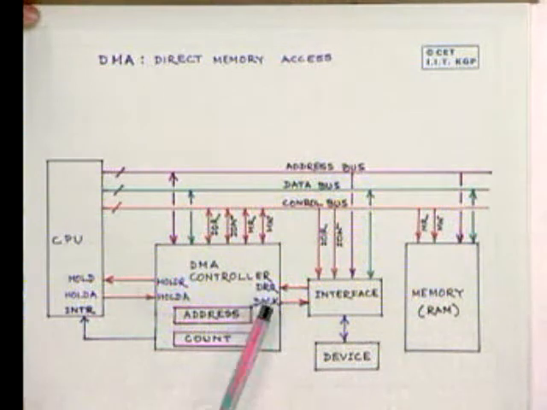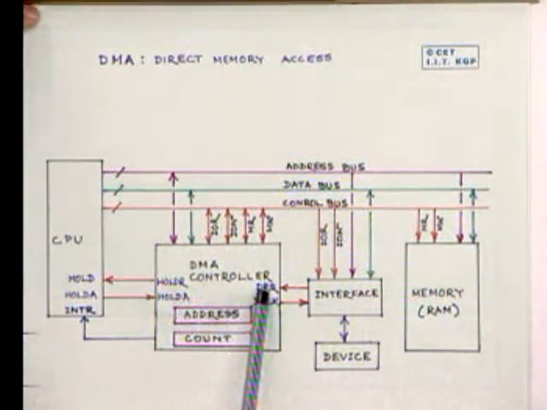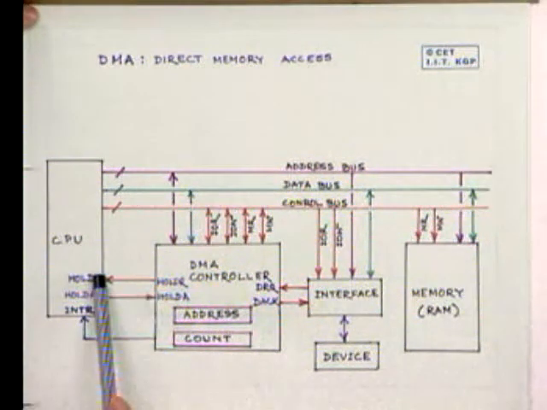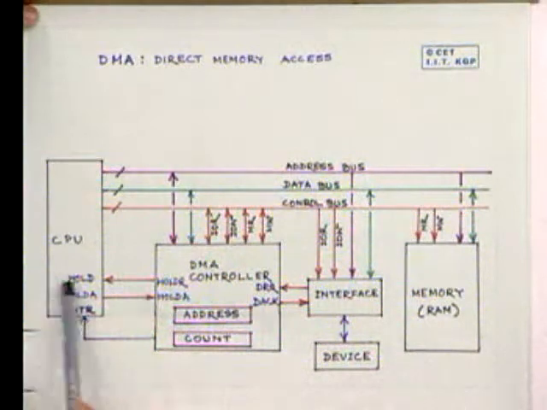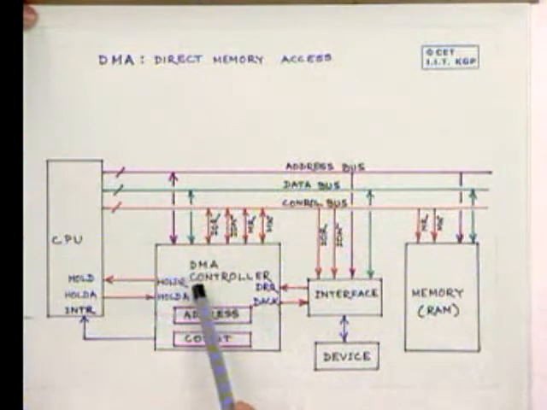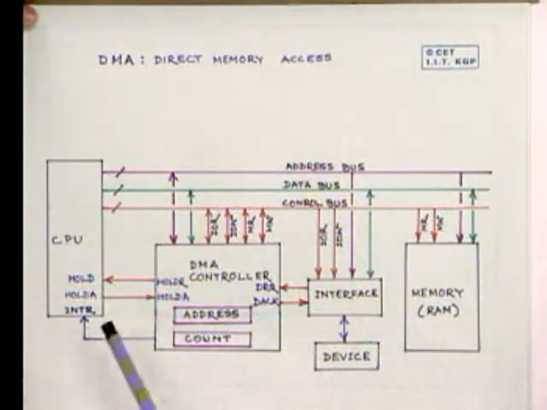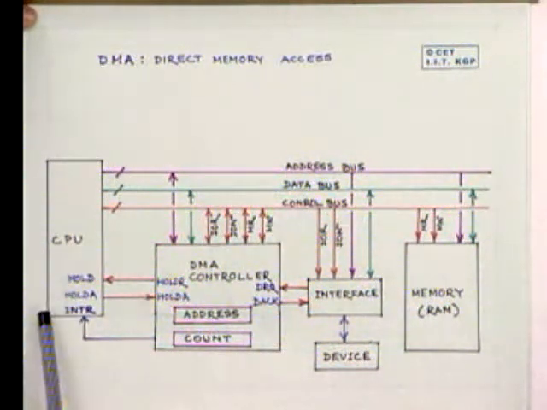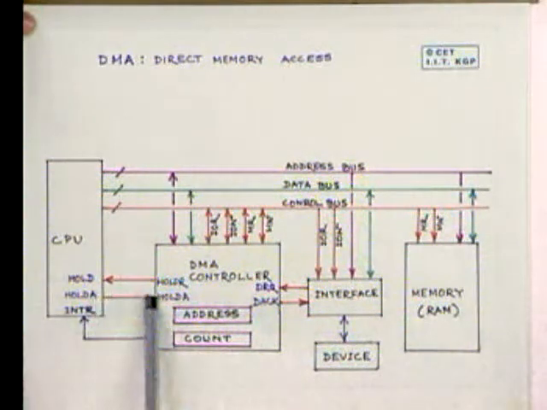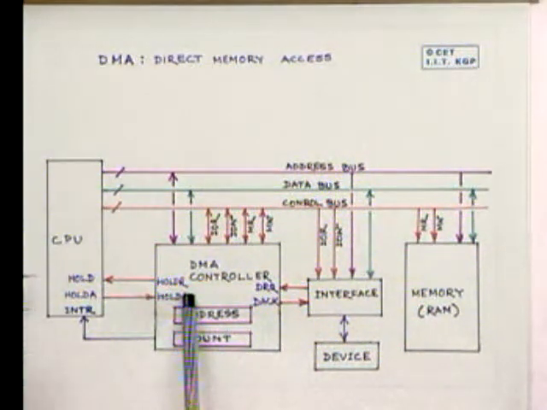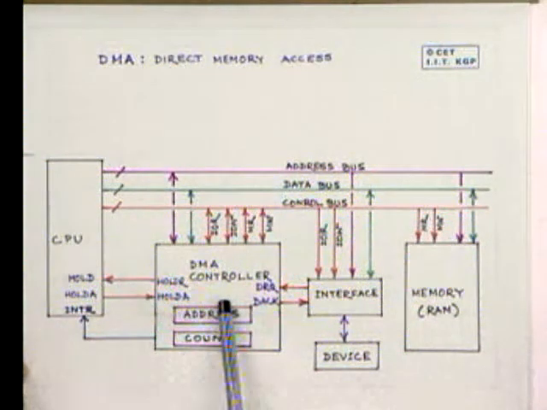On getting that information, the DMA controller sends a signal called the hold request to the CPU through an input called hold. That means the DMA tells the CPU to hold. Now on getting hold, after some time, and we'll talk about what that time is, a hold acknowledge signal comes from the CPU to the DMA controller. On getting that hold acknowledge, the DMA controller does this.